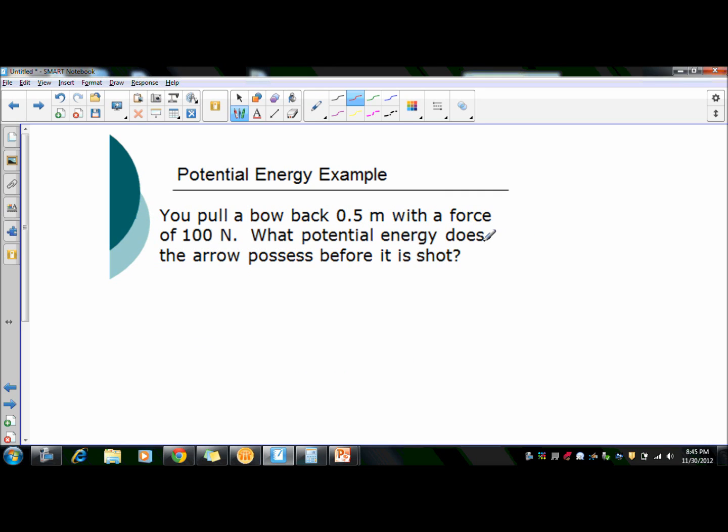So for example, you pull a bow back 0.5 meters with a force of 100 newtons. What potential energy does the arrow possess? Well, we said that potential energy is equal to the work. Work is force times distance.